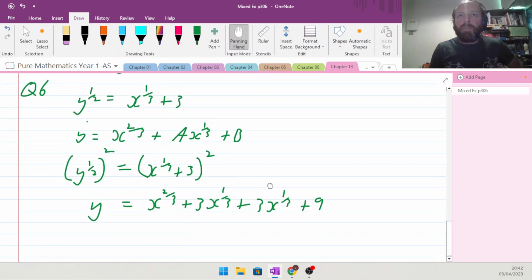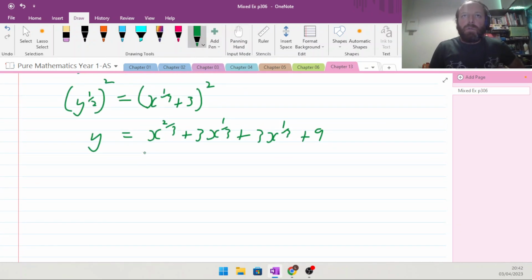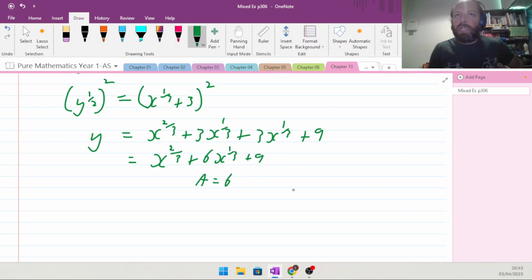Okay, which then gives us x to the 2/3 plus 6x to the third plus 9, meaning a equals 6 and b equals 9. And to save any mistakes, yep, it's in there. Okay, and hence find the integral of y.